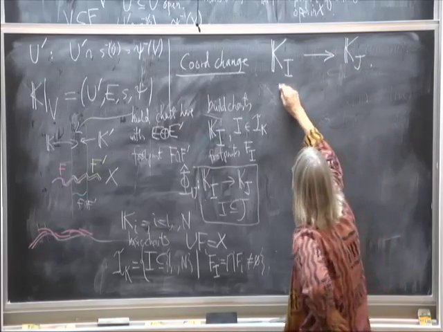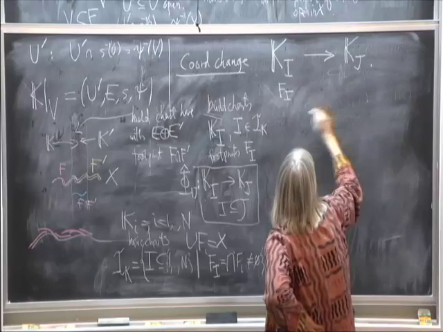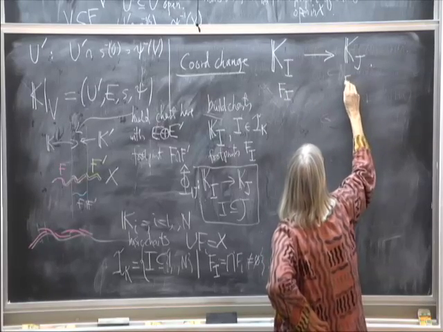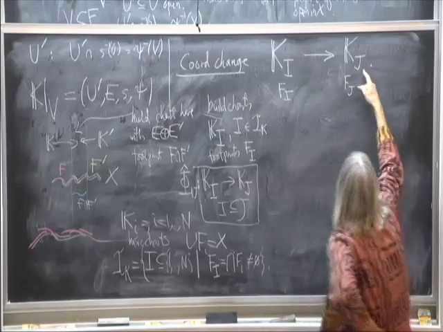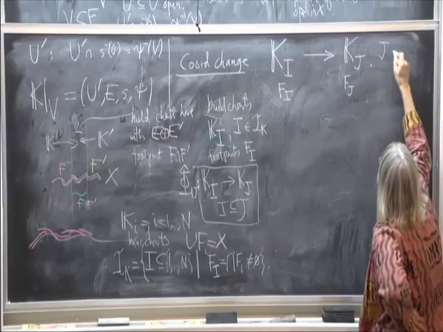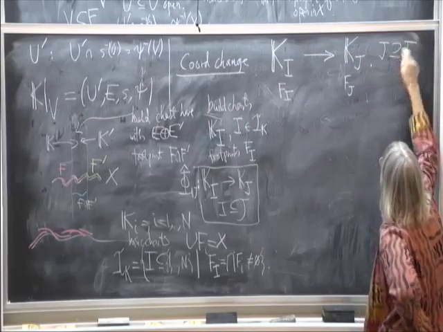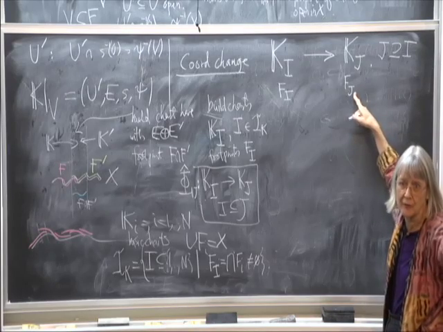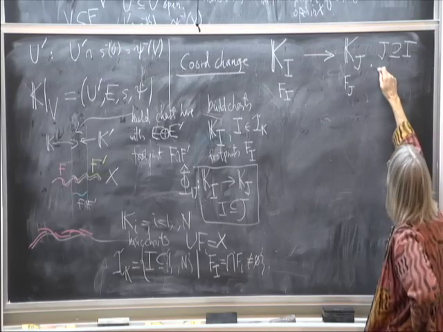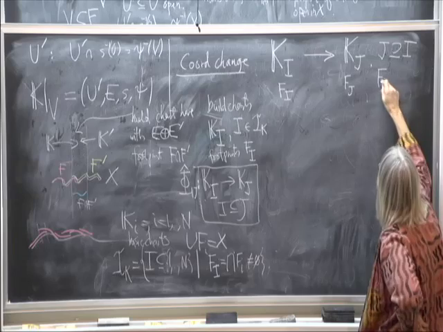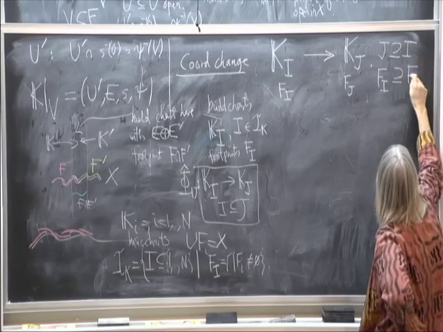This one has footprint Fi, and this one has footprint Fj. And if J is bigger than I, then this is the intersection of more sets than that. And so we're actually going to have Fi containing Fj.